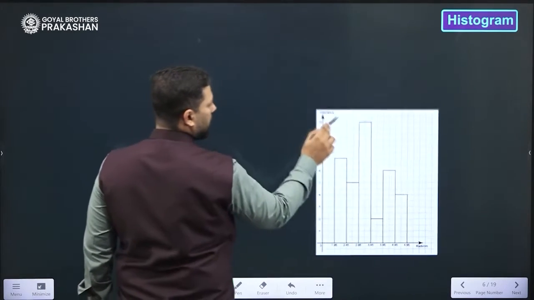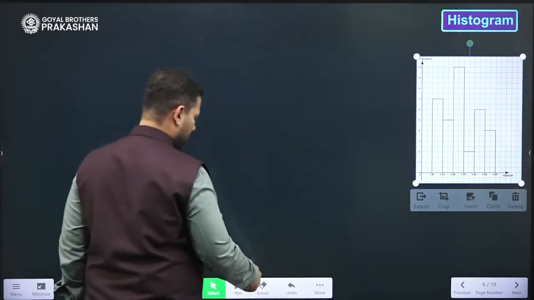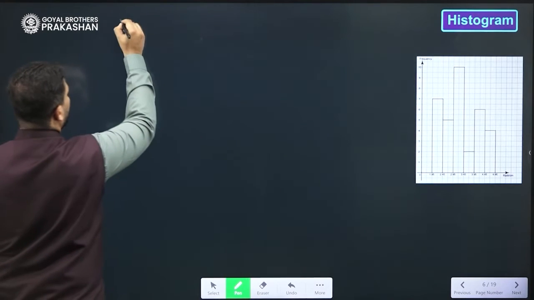Let us just move it aside. So guys, what is a histogram? Let us write it.